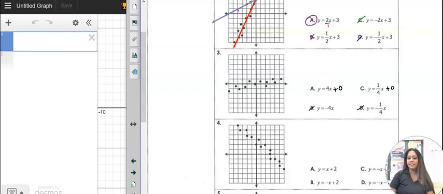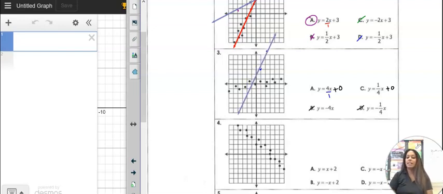So for A, my slope is 4 over 1. So start at your y-intercept, up 4 and over 1. We can quickly see that that is not going to work. It looks like the slope is a little higher, so it's steeper. So I will go ahead and draw this line.